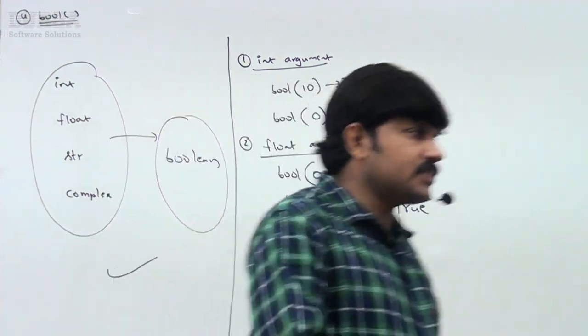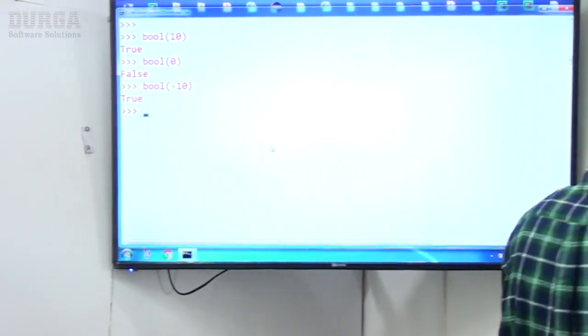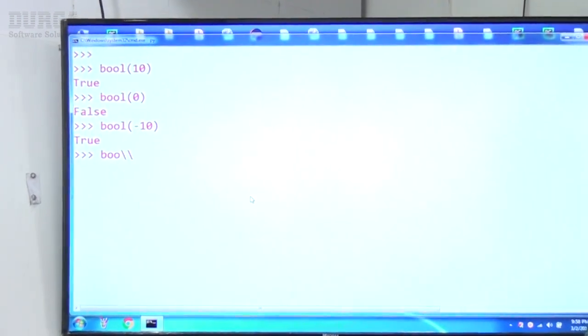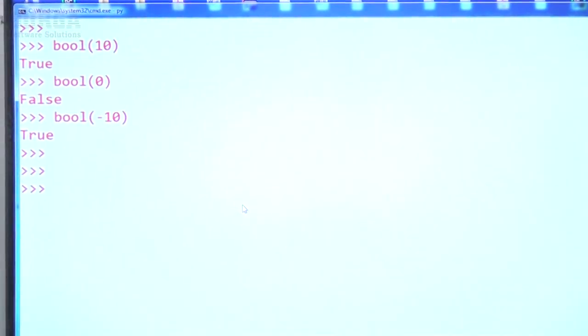Let me check this possibility also. Sir, bool of 0.0. The total value evaluates to 0, that's why it is False. Bool of 0.0001, sir.